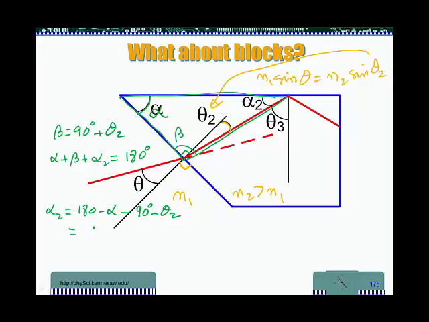So that leaves me with 90 degrees minus alpha minus theta 2. So now we know alpha 2. Once we know alpha 2, we can figure out what theta sub 3 is. Theta sub 3 is 90 degrees minus alpha 2, which is equal to 90 minus that. The 90s cancel out, and we have alpha plus theta 2.